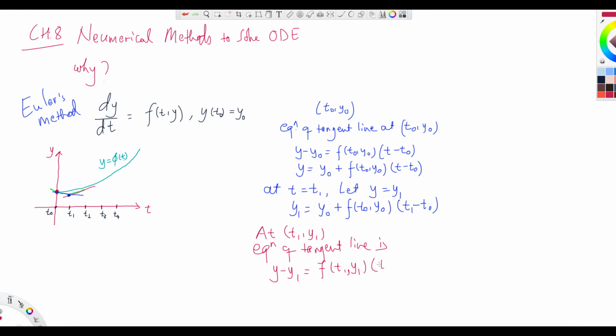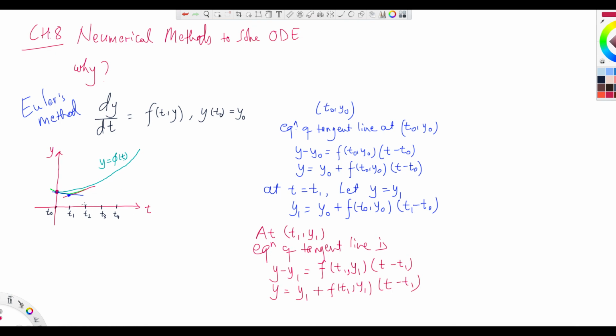You see that? If you simplify as we did for (t0, y0), you will get y equals y1 plus f(t1, y1) times (t minus t1).